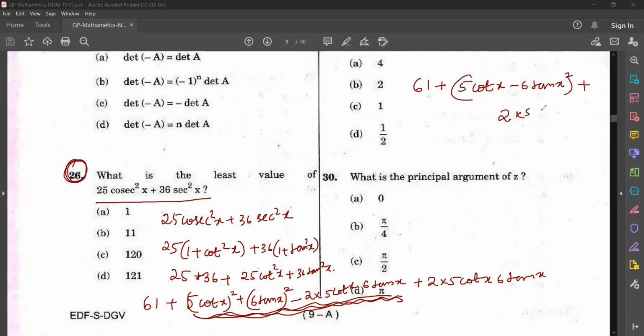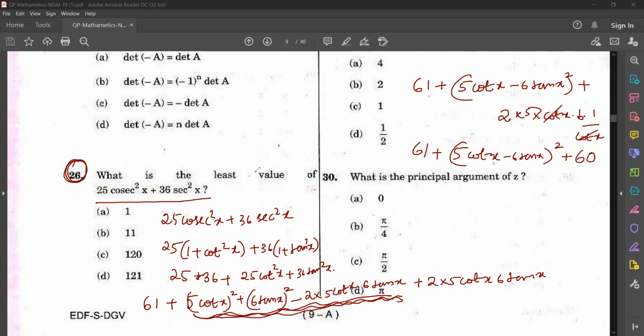So 2 into 5 into cot x and tan x, I can write tan x as 1 by cot x, isn't it? So cot x and cot x will go. I'll get 61 plus 5 cot x minus 6 tan x the whole square plus 2 into 5, 10, 10 into 6, 60, isn't it?